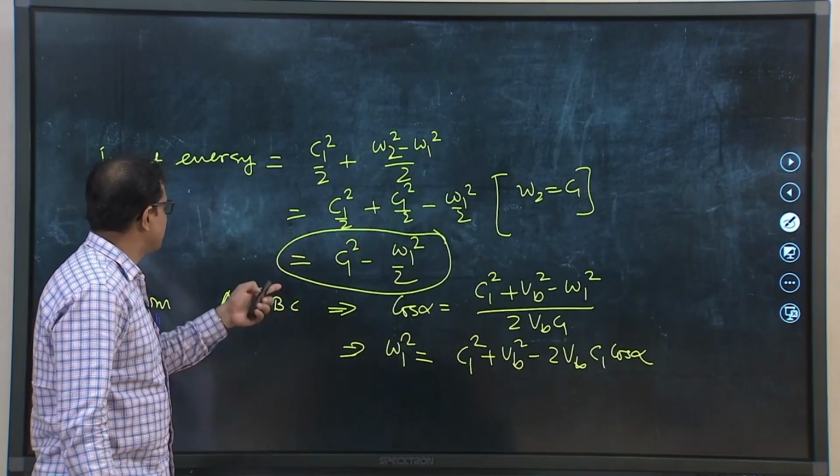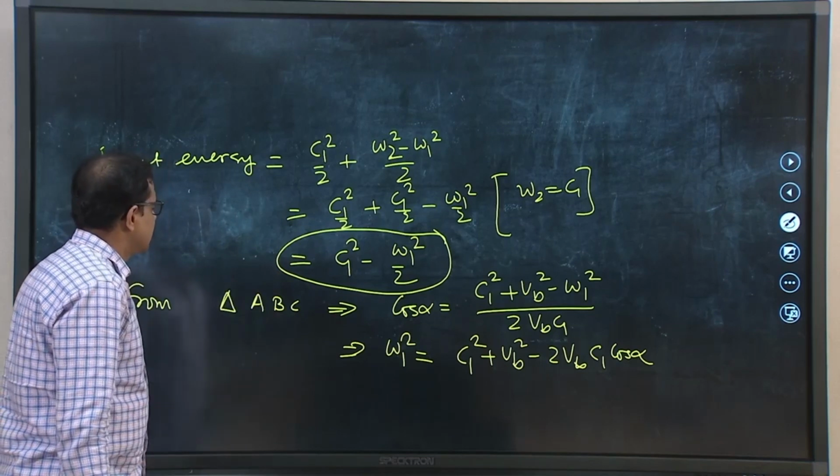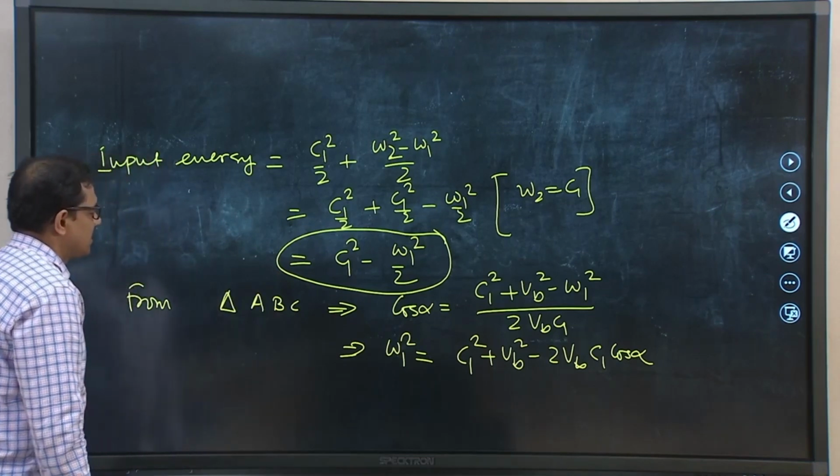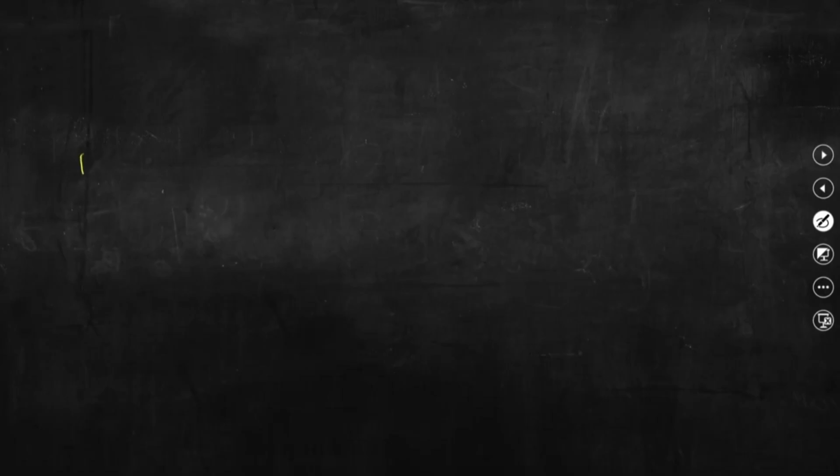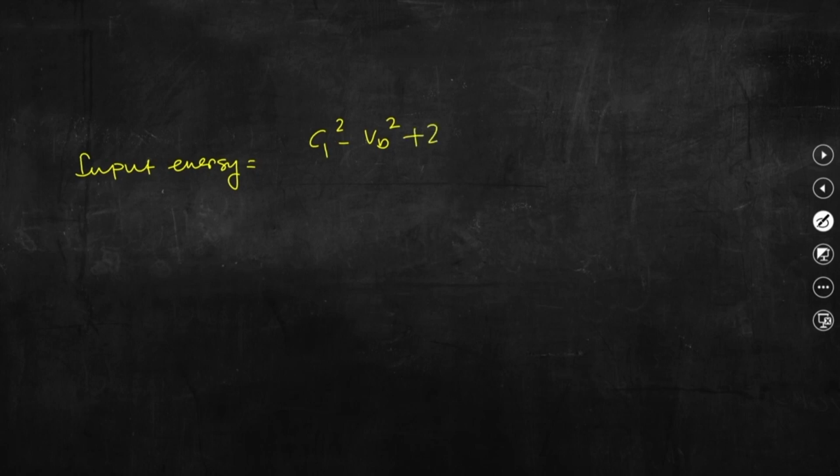We could write the final expression of input energy like this, that is C1 square minus W1 square by 2. So, input energy would be equal to C1 square minus Vv square plus 2 C1 Vv cos alpha, divided by 2.